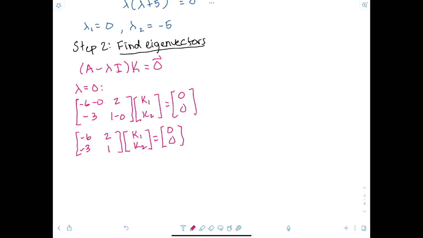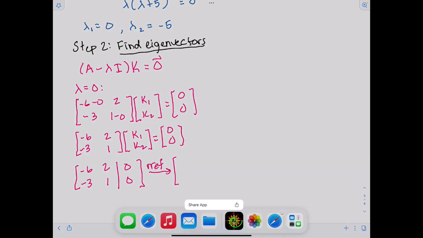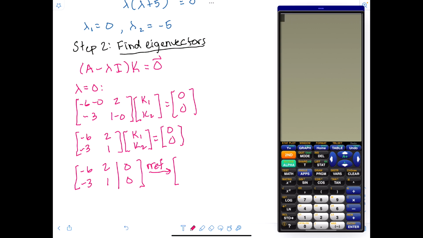If you look at just finding the row reduction, you can form the augmented matrix negative 6, 2, negative 3, 1, 0, 0. And then we want to find the reduced row echelon form. So let's bring up our calculator, and go to matrix.